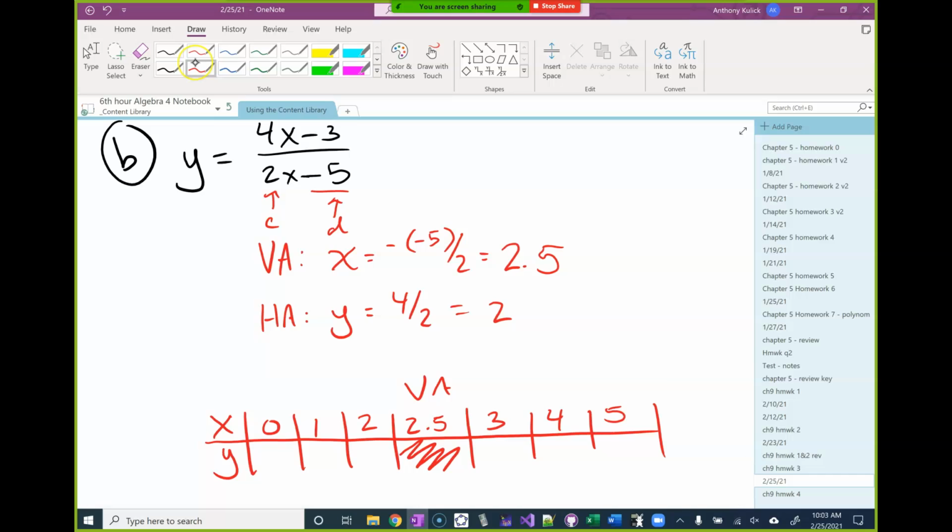Okay. To get the corresponding y coordinates, I'm just going to plug in the value for x into my original function up here and evaluate. So if I plug 0 in, I get negative 3 over negative 5, which is 0.6. If I plug 1 in, I get 4 minus 3 over 2 minus 5, which is negative 1/3.